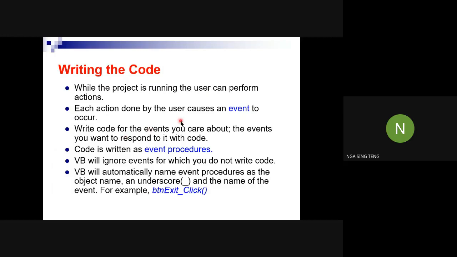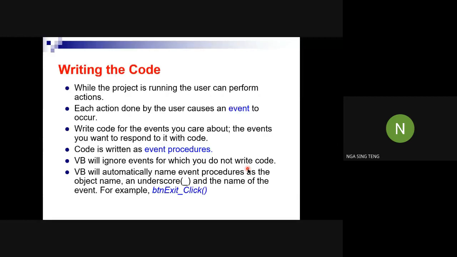So record for the events you care about, events you want to respond to. Okay. It's written as event procedures. Maybe we'll ignore events for which you do not write code. Sometimes when you deal with the design view, you may double click until it gives you the code view.